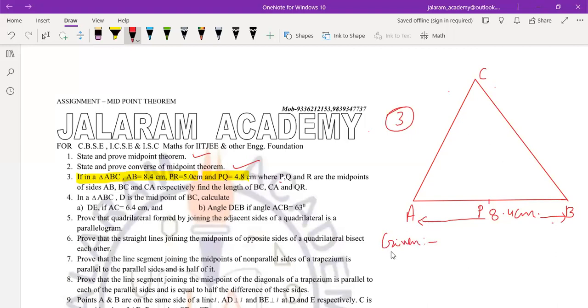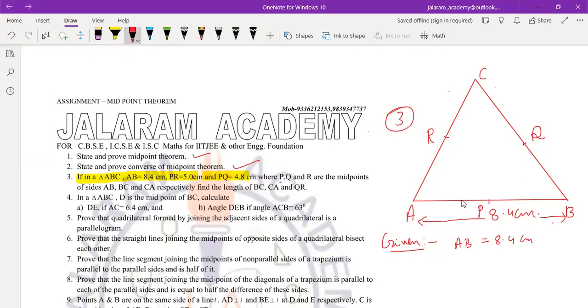So it is given that AB equals 8.4 centimeter. Q is the midpoint of BC. Mark it also. R is the midpoint of CA. Okay.